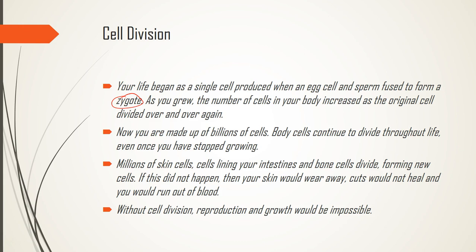So we have millions of skin cells lining our intestines, bone cells, all the different types of cells inside our body need to be able to replicate and divide themselves up so that if we get cut, if we get hurt, or there's disease, we have these new cells to be able to repair that damage. If our cells weren't dividing like this, we wouldn't be able to reproduce and we wouldn't grow as individuals.